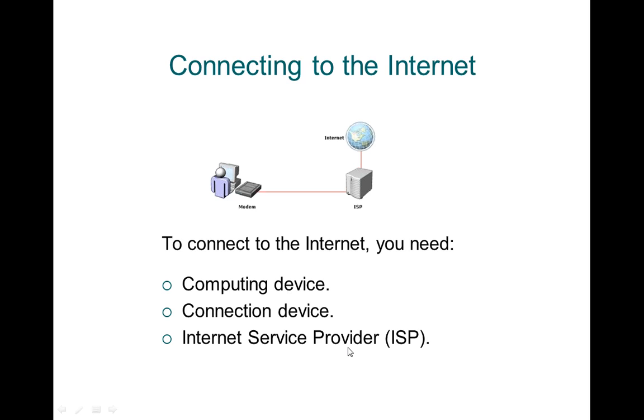These are the organizations that provide services for the internet, for example, MTNL and Vodafone. We can use the internet with the help of Vodafone, MTNL, and so on. An ISP is also required when we are connected to the internet.